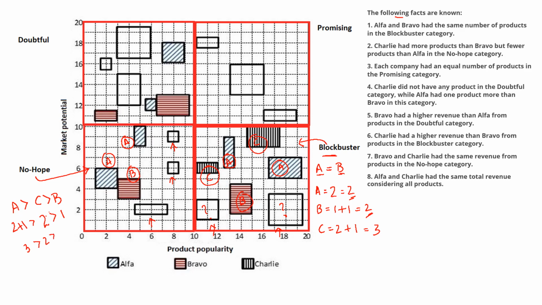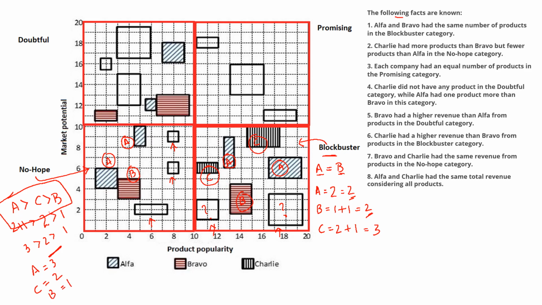So this should be the possible combination of number of products, because there are a total of 6 products and we have to satisfy A greater than C greater than B. So the only possible inequality is 3 greater than 2 greater than 1. That means A has 3 products, C has 2 products and B has 1 product.